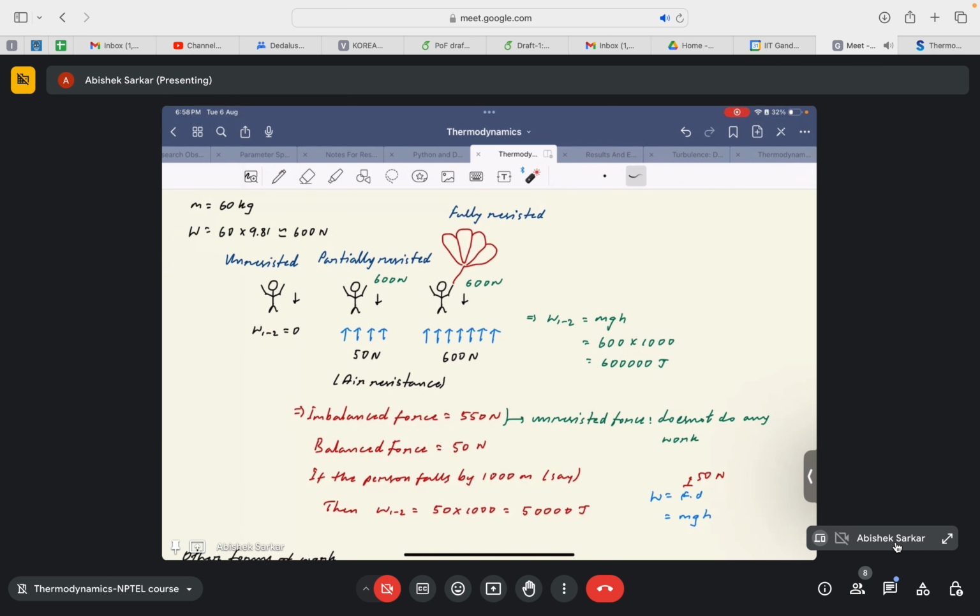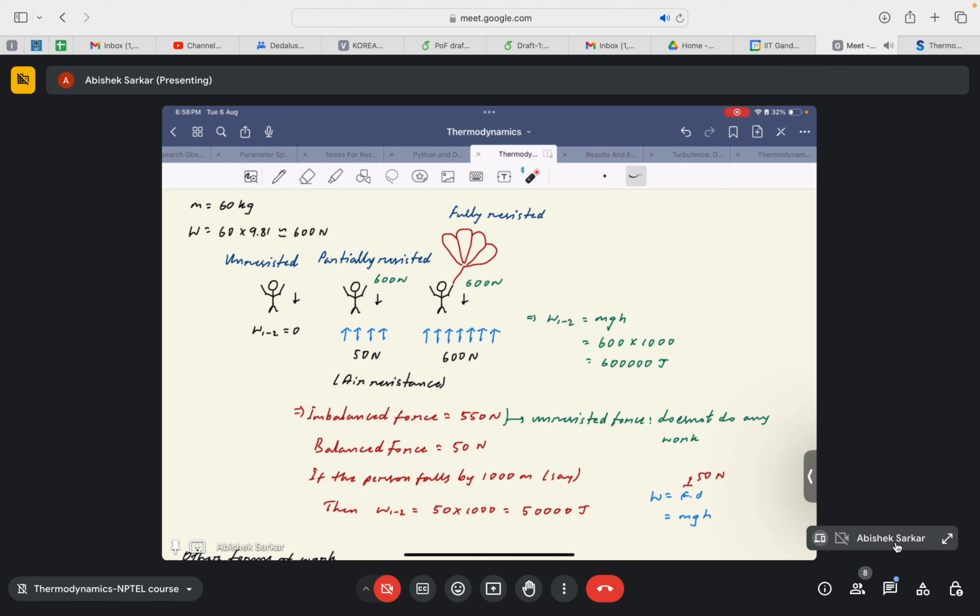Now similarly, if we consider a third case where the fall is fully resisted because of the thick atmosphere and the use of a parachute, then the entire weight of the person is being balanced by the drag force, which is why people use a parachute for safe landing. The weight of the person is balanced by the drag of the atmosphere that the parachute and the person also experience.